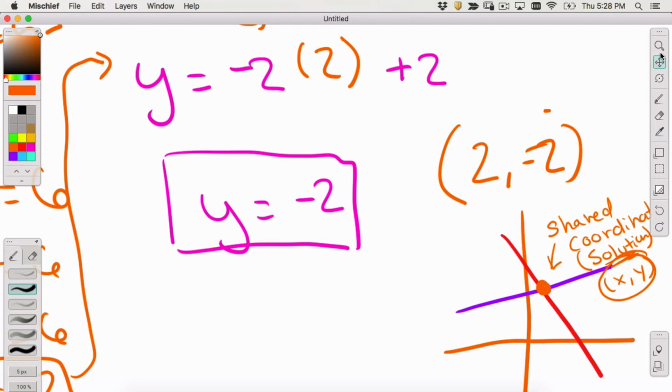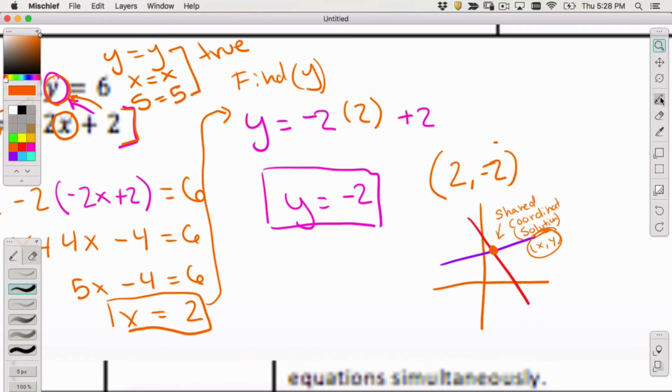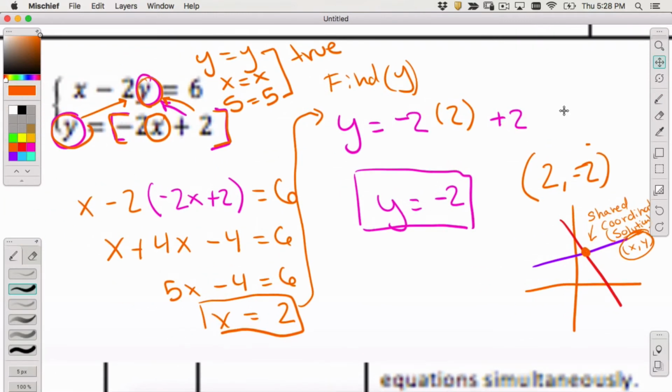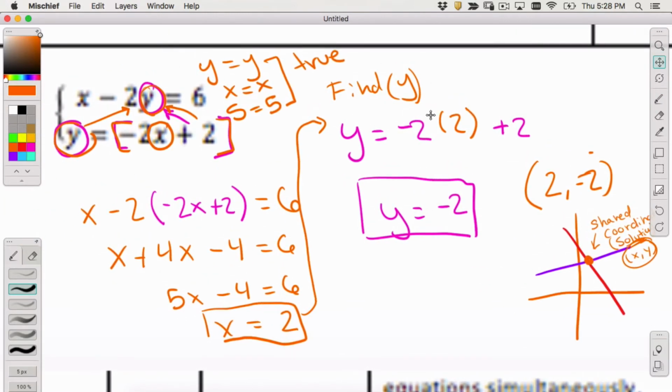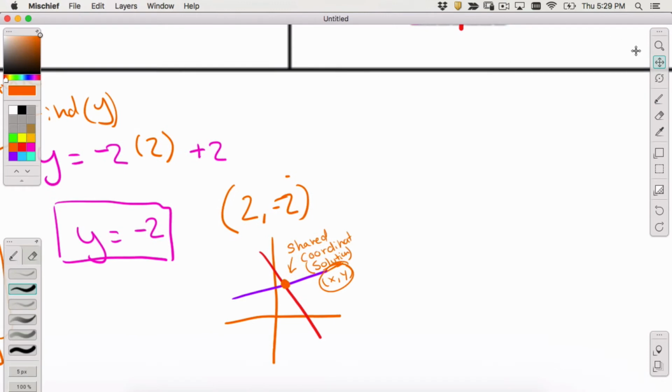That's why we go through all this trouble to find the solution, because we have to go through plugging things in and solving them. Another great way to check your work, let's say that you're not convinced that these two things are the coordinate point that you found, or maybe you think that you made a mistake.